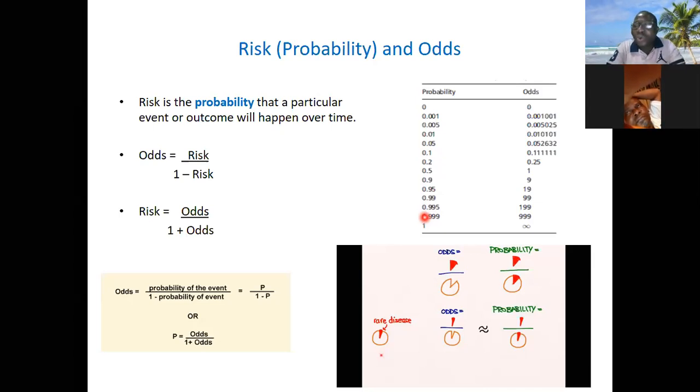It is easy to know which one will likely win through odds rather than probability, and that is why they use it. Now, to explain odds further: probability of the event over 1 minus probability of the event, that is P over 1 minus P.